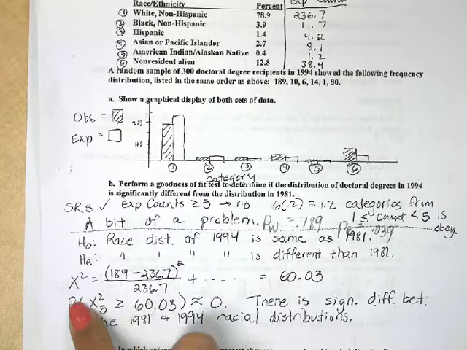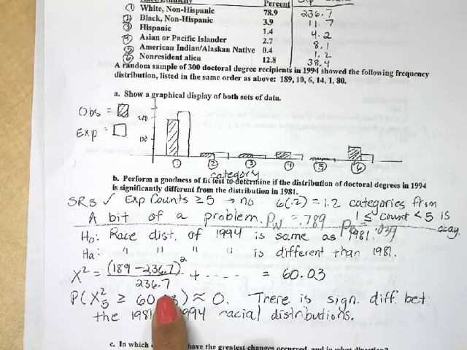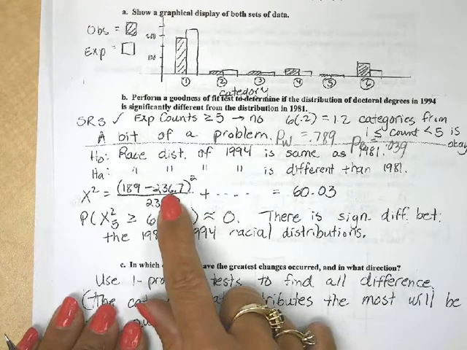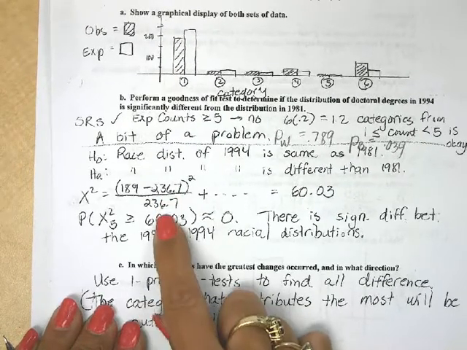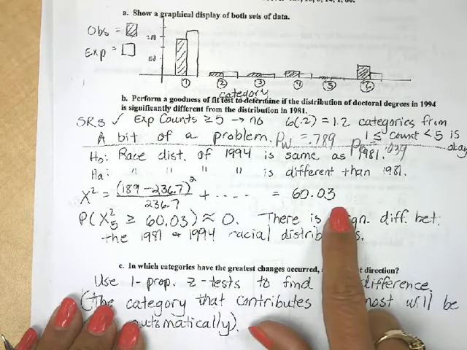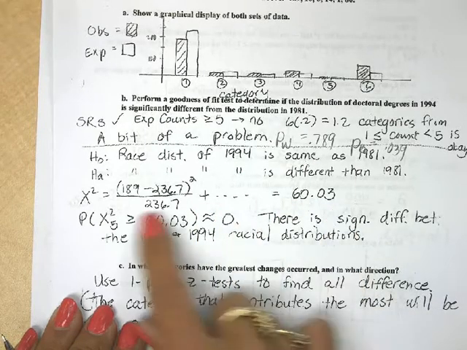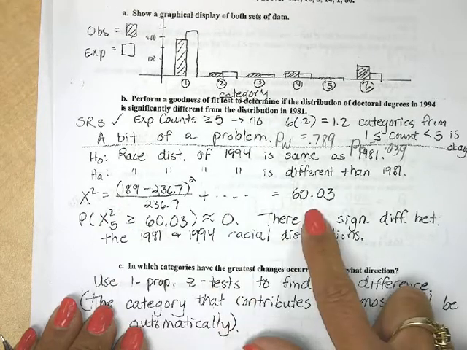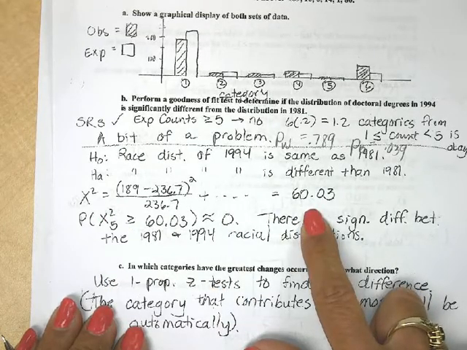So now we're going to calculate the chi-squared value. Chi-squared is what you got minus what you expected, squared, divided by the expected. And I would have plus, and there would be 5 more components. You can use your spreadsheet to help you get these values. When I totaled up all 6 components of chi-squared, I got a huge value of 60.03.